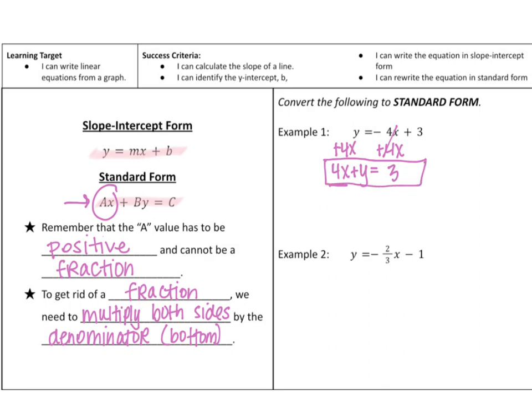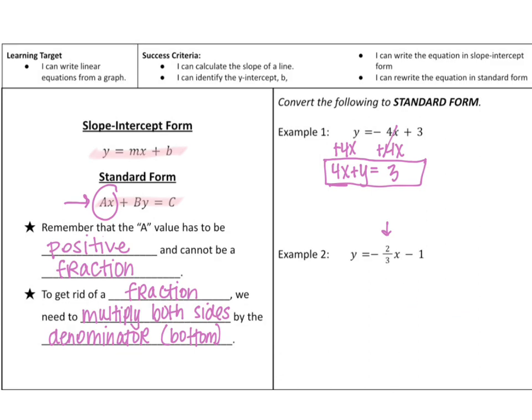So let's look at number 2. That's a little bit more tricky. We have y equals negative 2/3 x minus 1. So start out, we have a fraction in front of x. Because we have that fraction for the a value, we need to multiply by the denominator.